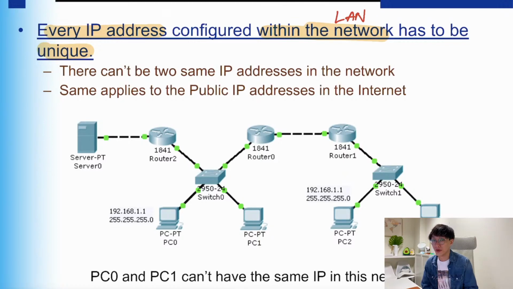I'm talking about private IP addresses here. So in a LAN, two devices cannot share the same private IP. That is why it says the IP address has to be unique, meaning it is only used by one machine in one network. So this means in a network, not the whole internet.